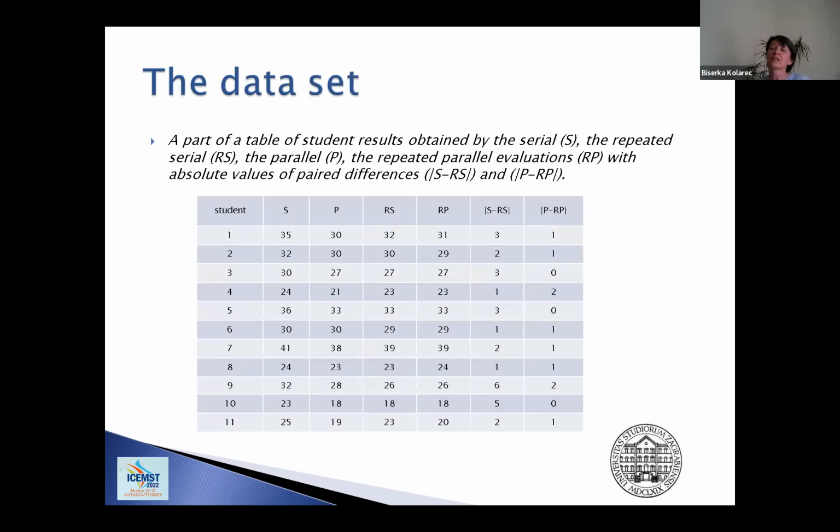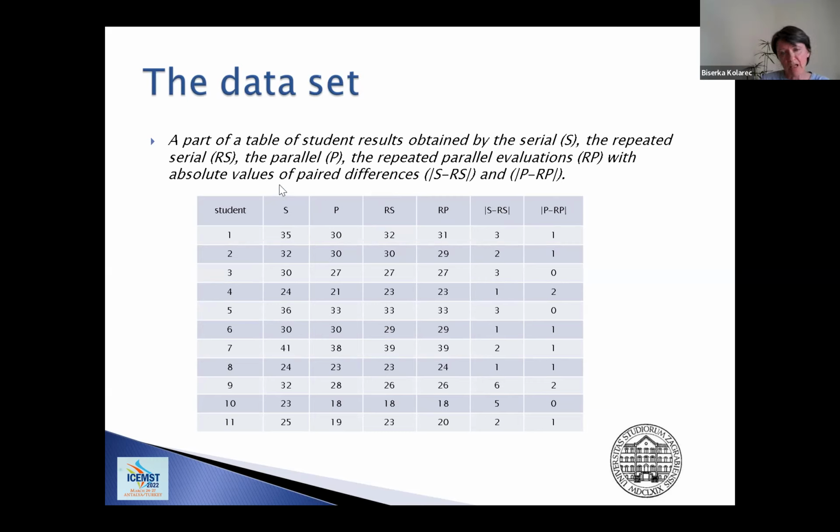So we had a data set. This is just a part of the data set. For each student, we had 4 evaluations with serial, parallel, repeated serial, and repeated parallel evaluation methods, together with the total points that the student won. We also calculated the differences between serial and repeated serial, and parallel and repeated parallel. These are absolute differences.